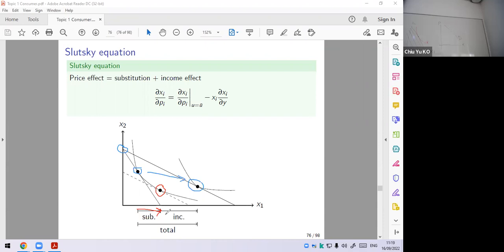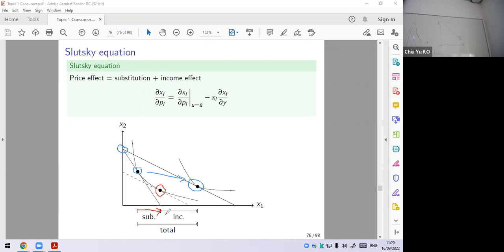So this is the Hicksian demand. Okay, and this is the income effect. The reason why we want to do this is because we want to compare the Marshallian demand and the Hicksian demand. So this is more direct. If you consider the compensation first, then the other route will be different.